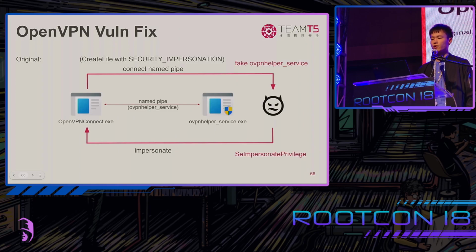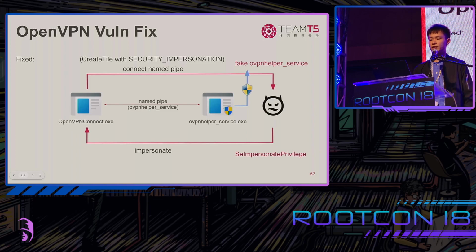The OpenVPN vulnerability originally allowed attackers to create a fake name pipe with the same name using a non-privileged process. This could trick the OpenVPN name pipe client into misconnecting, and it enables the attacker to impersonate it.